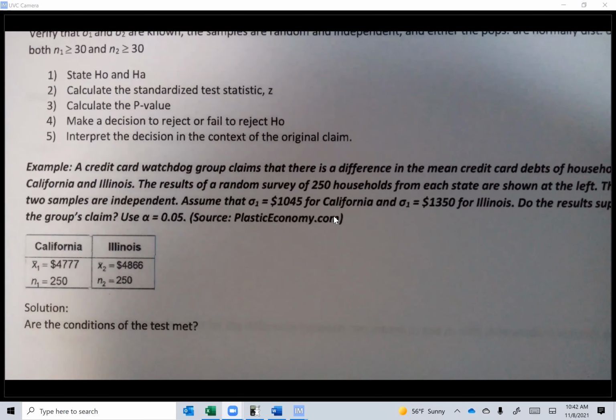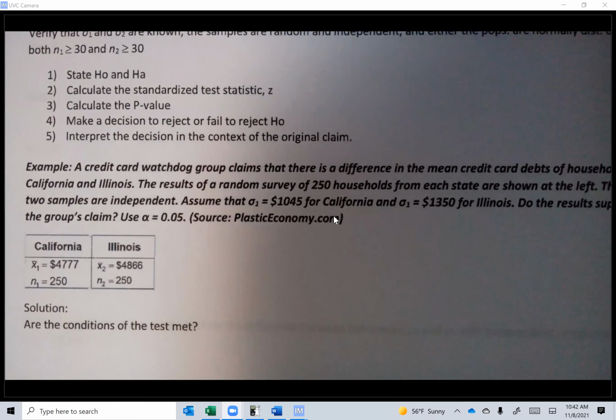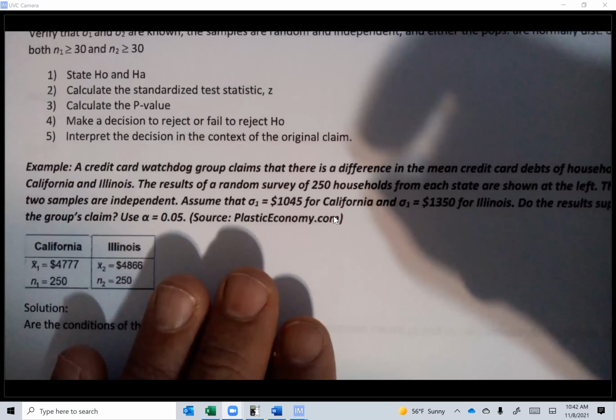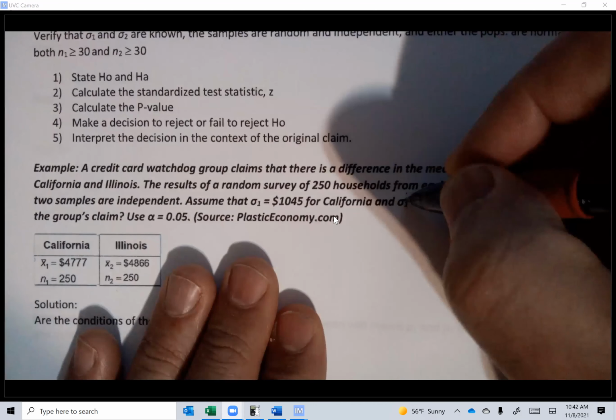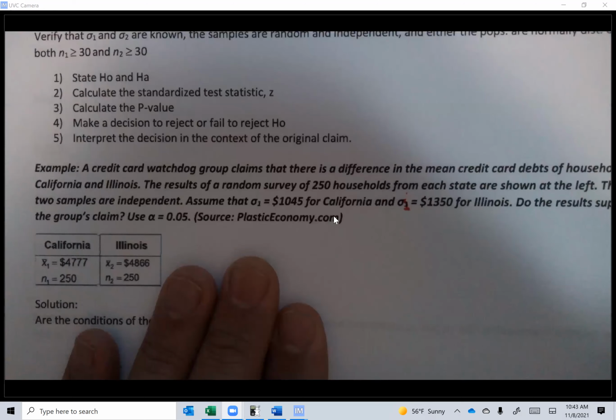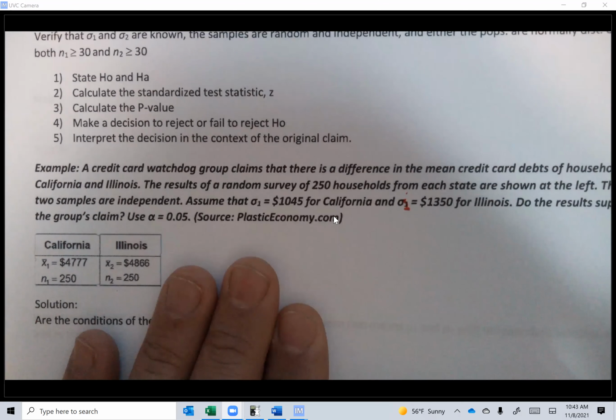The results of a random survey of 250 households from each state are shown at the bottom. The 2 samples are independent. Assume that sigma 1 is 1045 and sigma 2, sorry guys, that should be sigma 2 here, is 1350 for Illinois. Do the results support the group's claim?